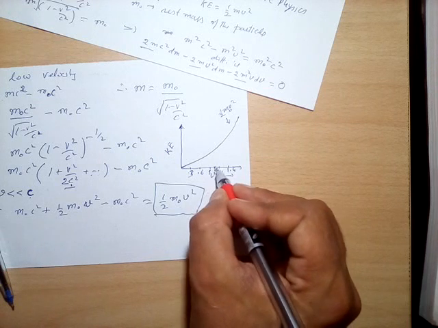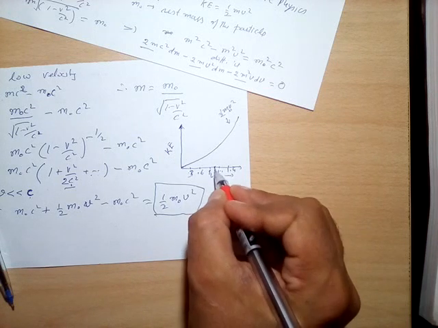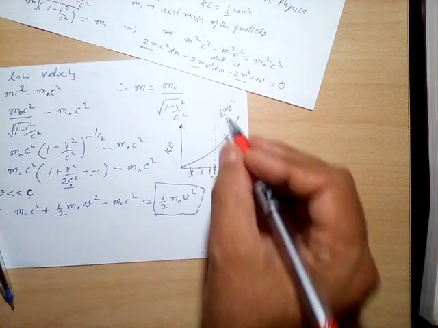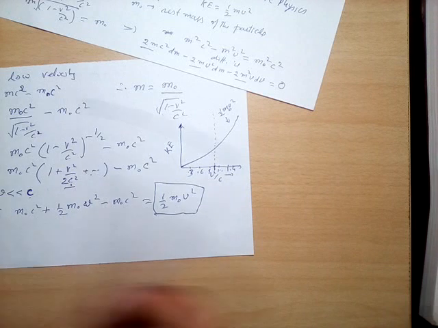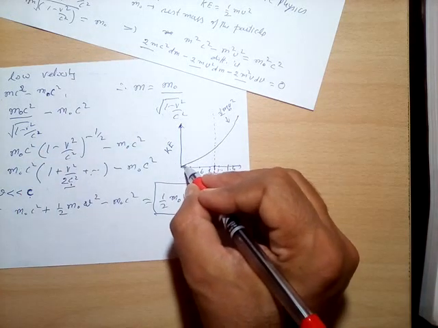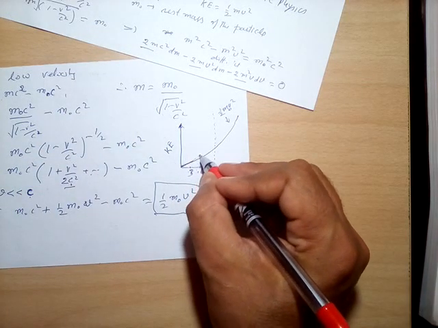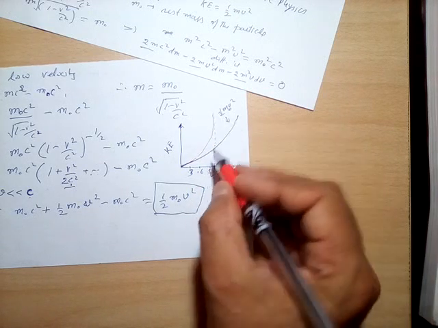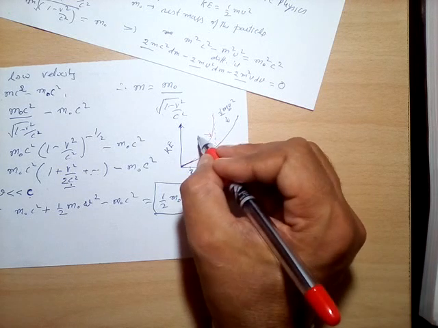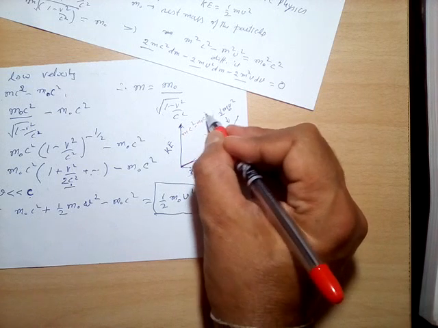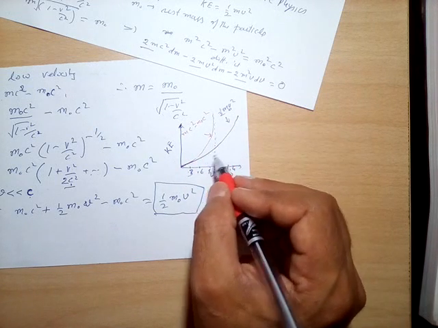What about the relativistic case, where v by c equals 1 here? If we plot this relativistic expression of kinetic energy, at low velocity they are the same, but as we approach the velocity of light they differ. This represents the m c square minus m naught c square expression.